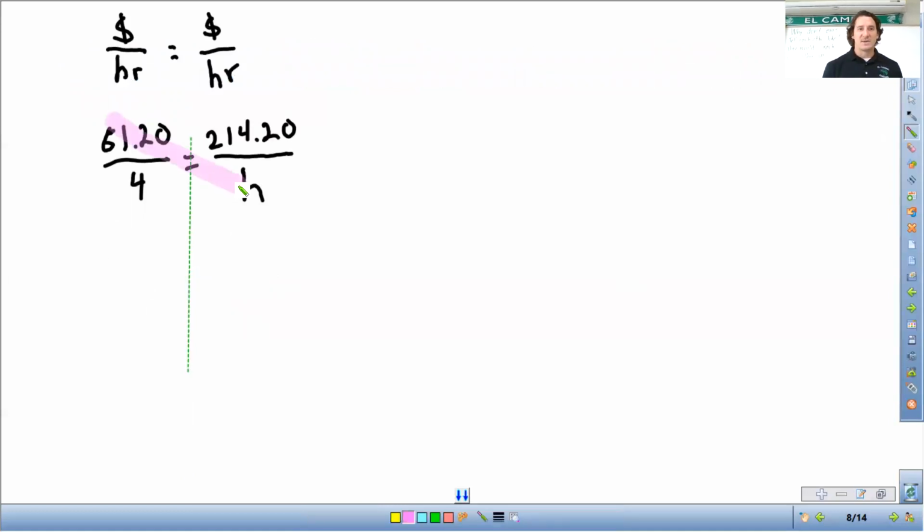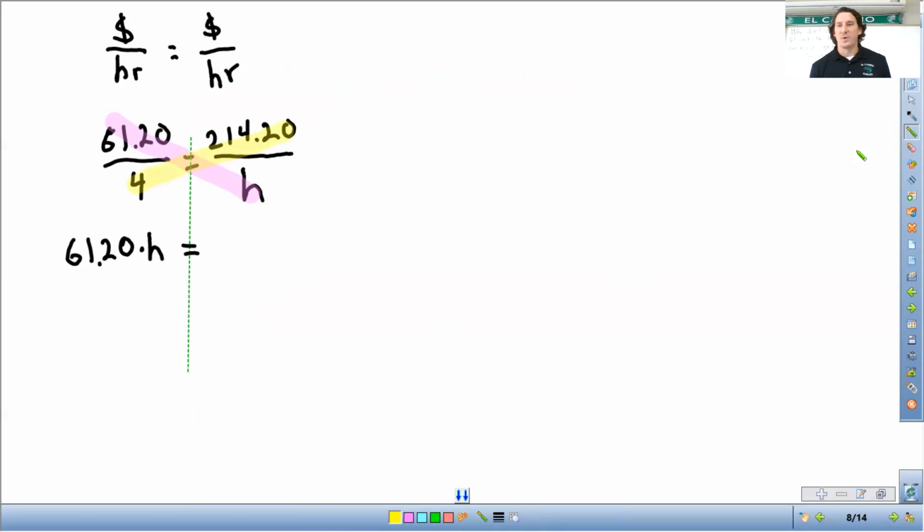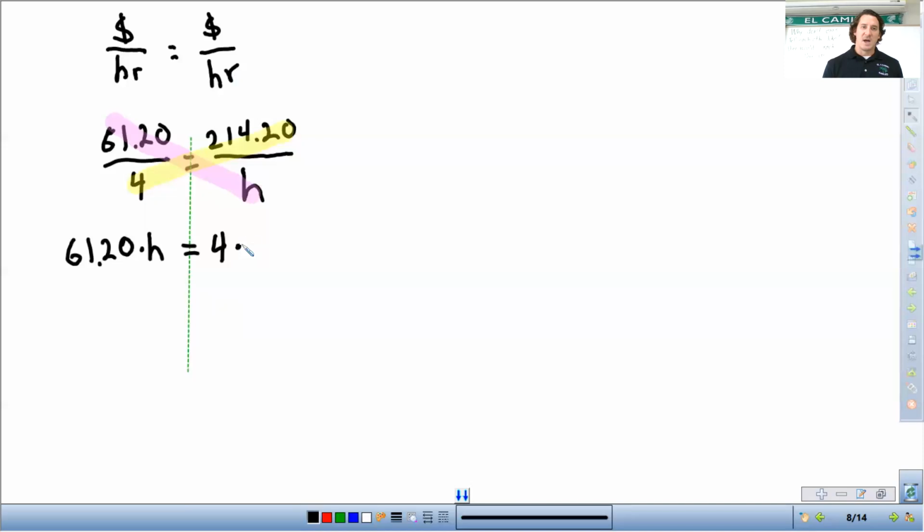Cross multiply, so 6120 times H is equal to 4 times 214.20.